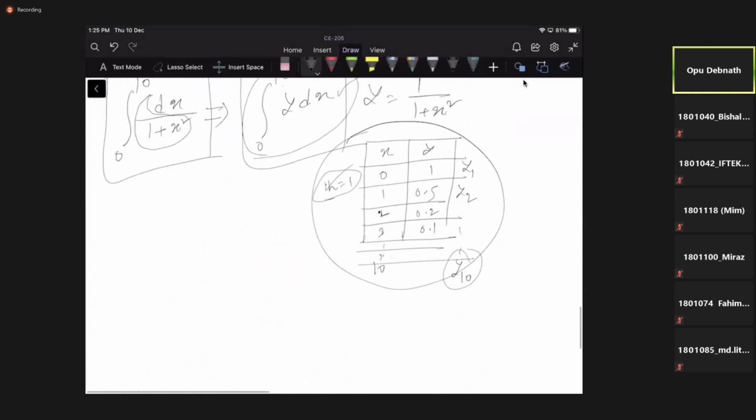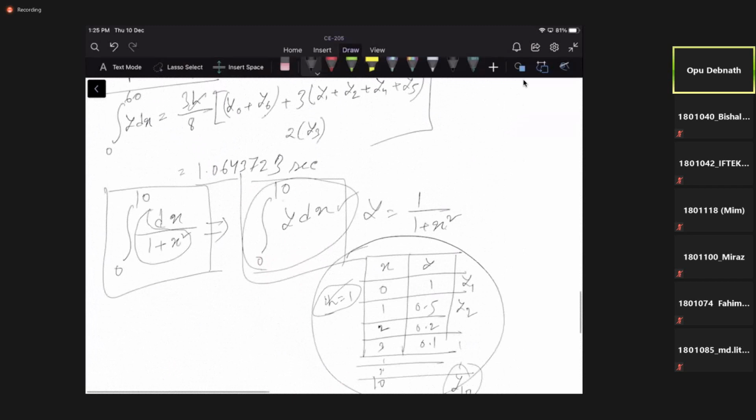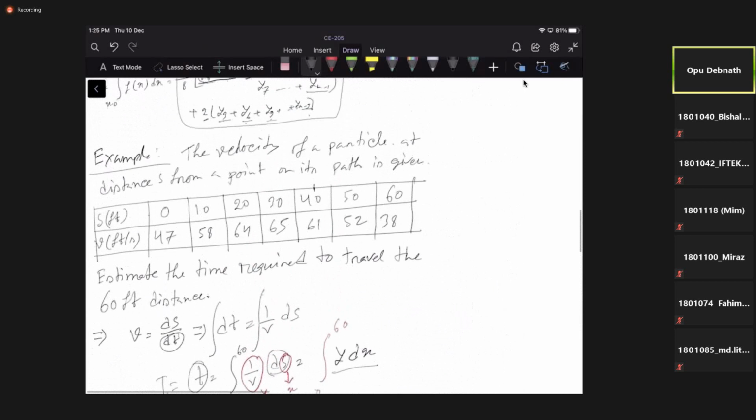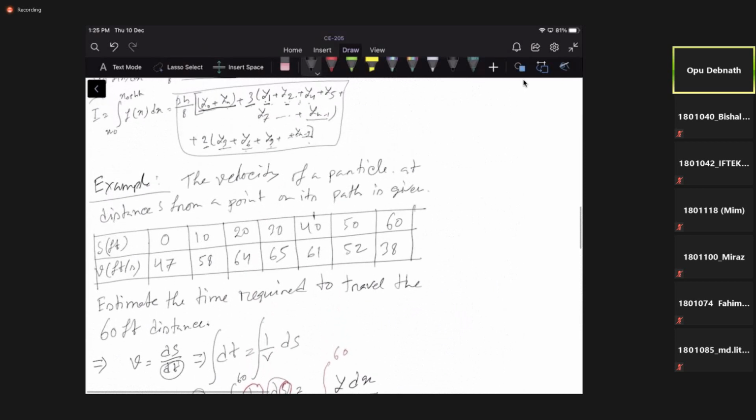If you are interested, you may check what the actual calculus result is for these integrations, and what the numerically projected values are in different methods. So I think today's class is for these topics, and at this stage we are completing numerical integration and numerical differentiation also.